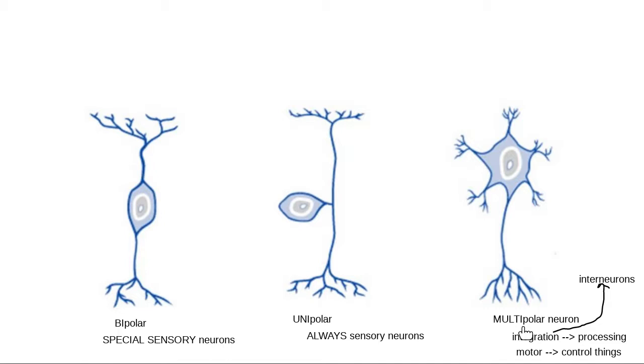That's the polar word, or the structural classification for a neuron. If we ask you for the functional classification of a neuron, our options are sensory, motor, or an interneuron. And in that sensory category, we might be a special sensory neuron. So keep those things in mind.